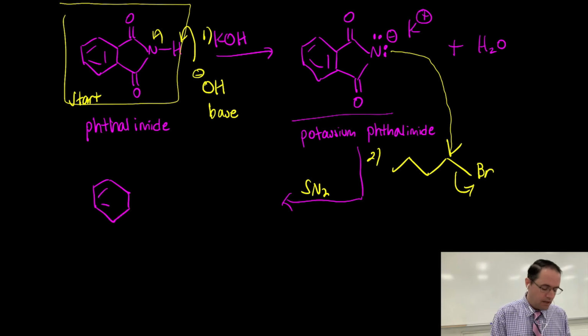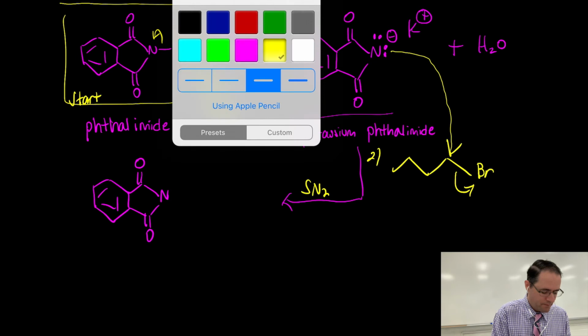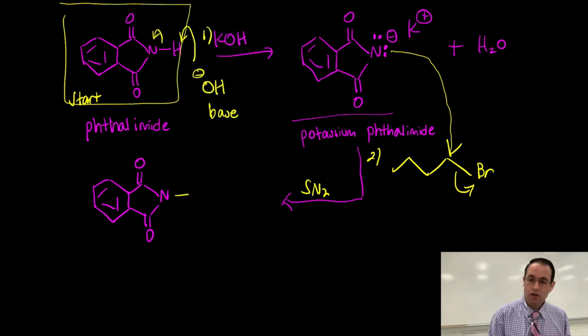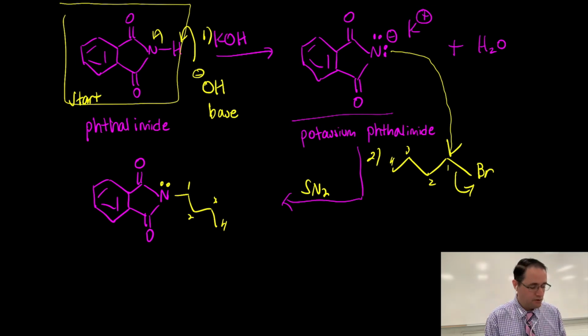And what we're going to form from this reaction is your phthalimide here, and your butyl group. Let me keep the yellow color for that butyl group. So that's carbon 1, and carbon 1 would be right there attached to the nitrogen. There's still a lone pair on that nitrogen.